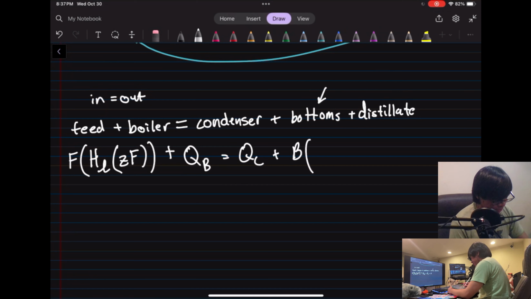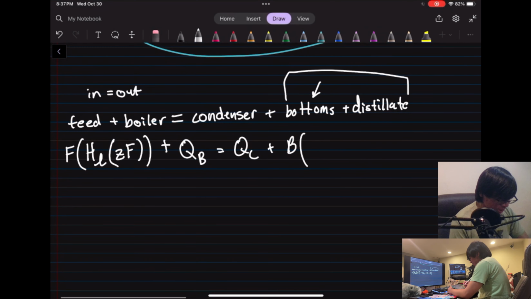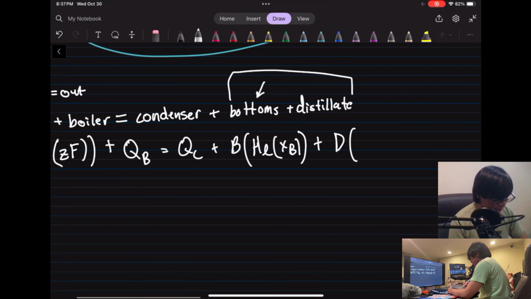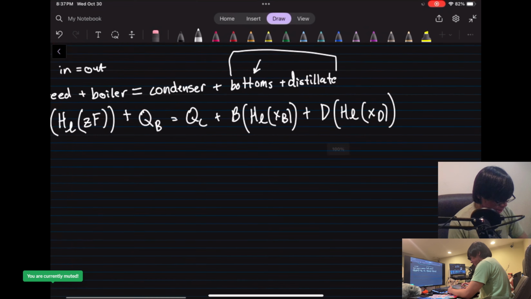So bottoms has a flow rate of B, and both of these are liquid. We interpolate the liquid enthalpy at the bottoms composition, and then same thing. We have a distillate flow rate associated with that, and then another liquid enthalpy we interpolate, this time at the distillate composition. So that's our equation.